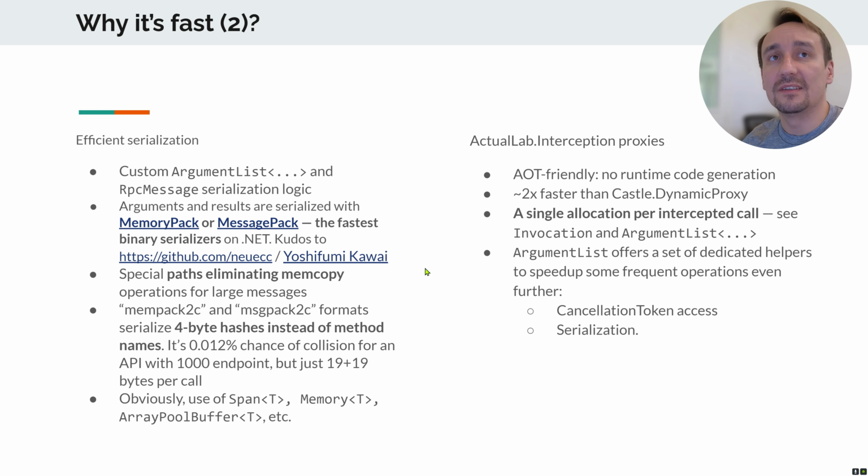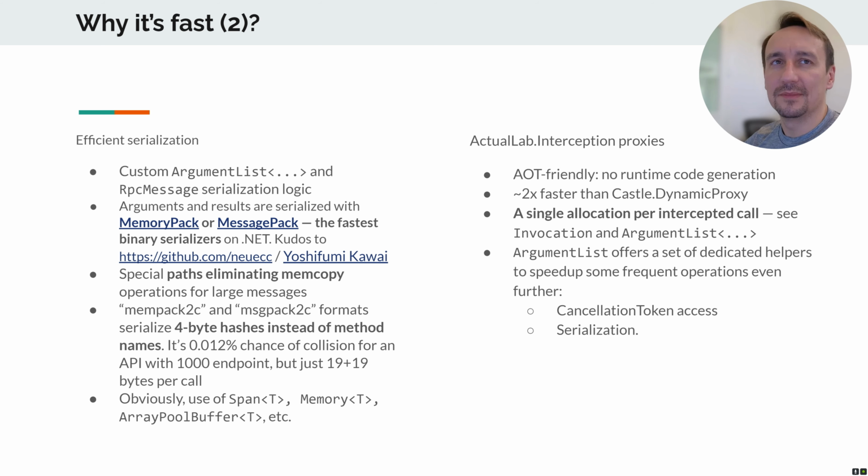There are some other optimizations, for example, this argument list type has special paths for cancellation token access, because otherwise there would be a virtual generic call or boxing. So there are a decent number of such optimizations that eliminate the most frequent wastes, let's say.